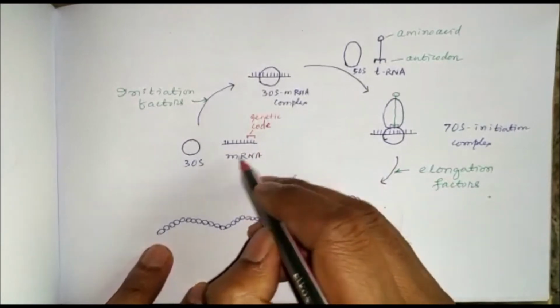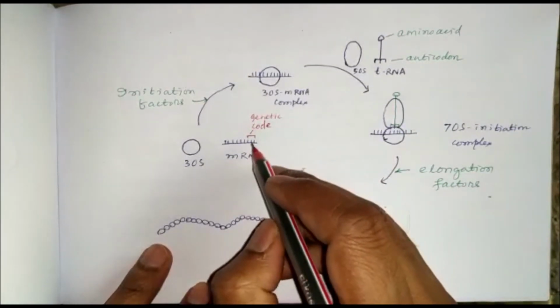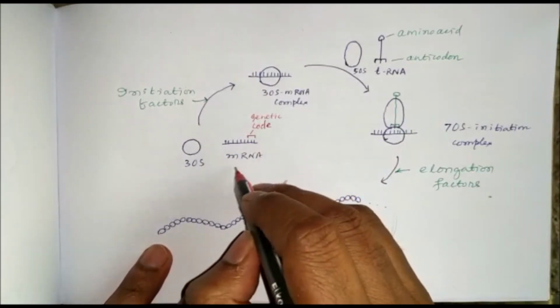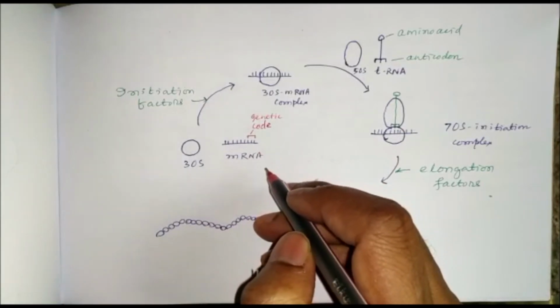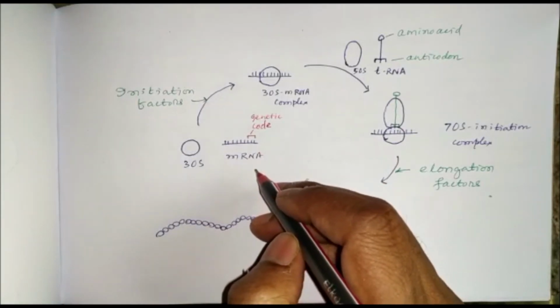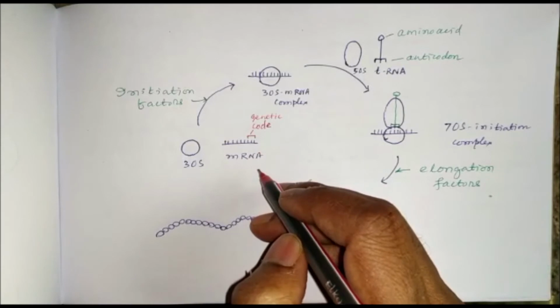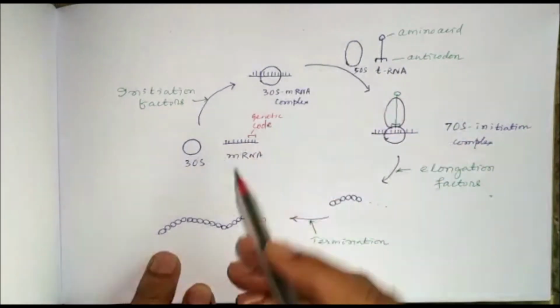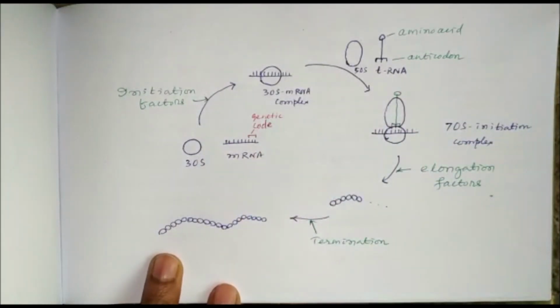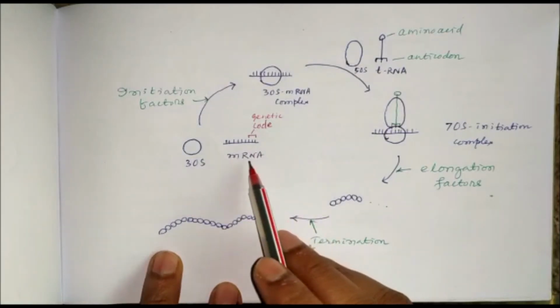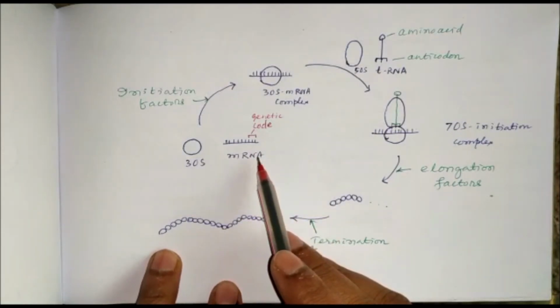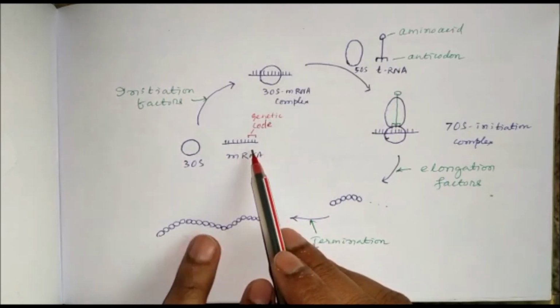It is called messenger RNA because it carries the message of which type of protein has to be synthesized. So the DNA is the carrier of the genetic information, and from DNA, messenger RNA is produced by the process of transcription.